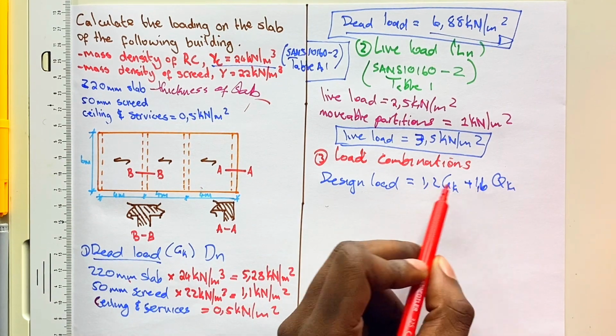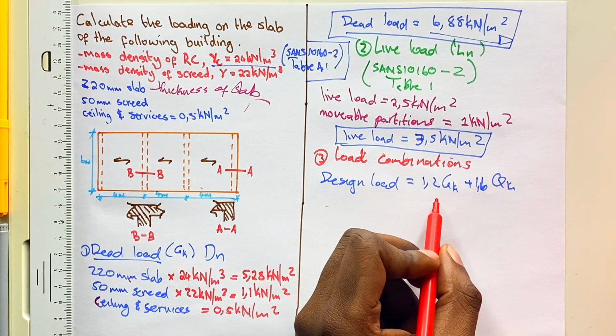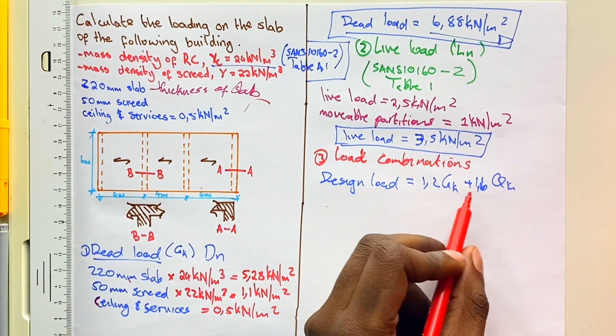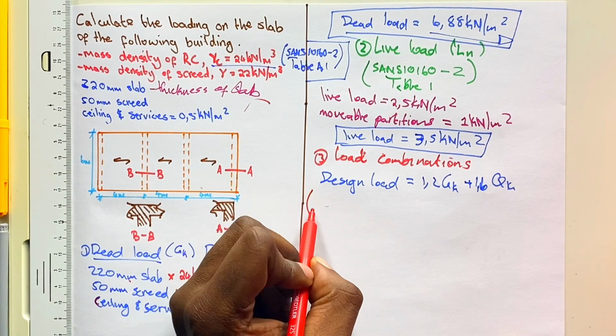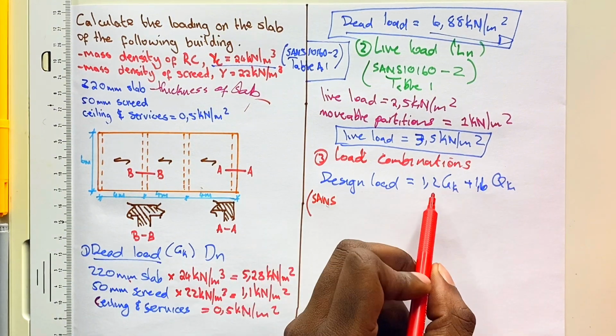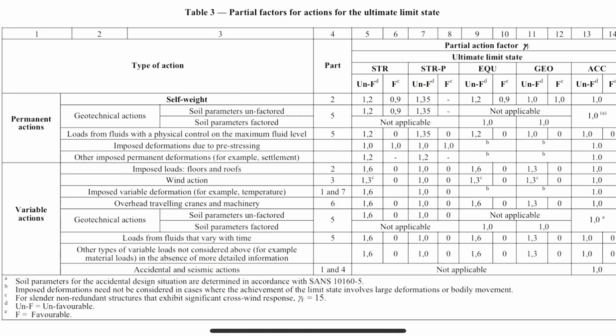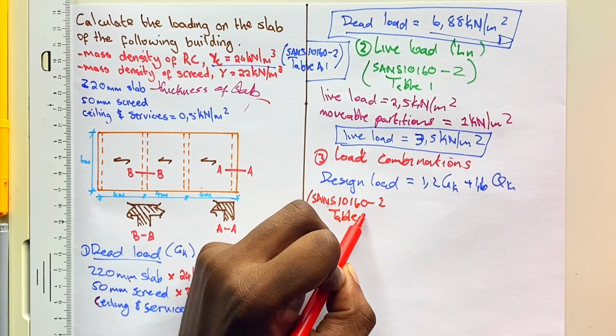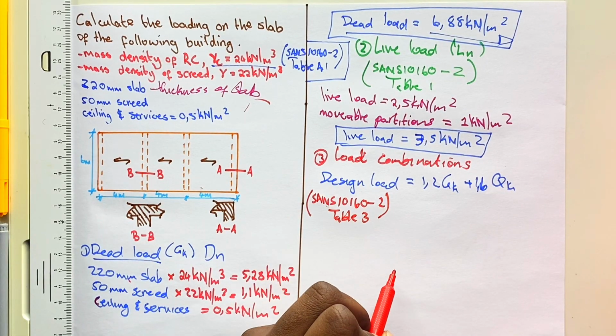I didn't just make this up, and you don't use this for every building or structure that you make. You have to follow your national standards so that you find which factors to use. In this case, I use the South African National Standards, the same document that I have been using so far, and I got them from table 3.